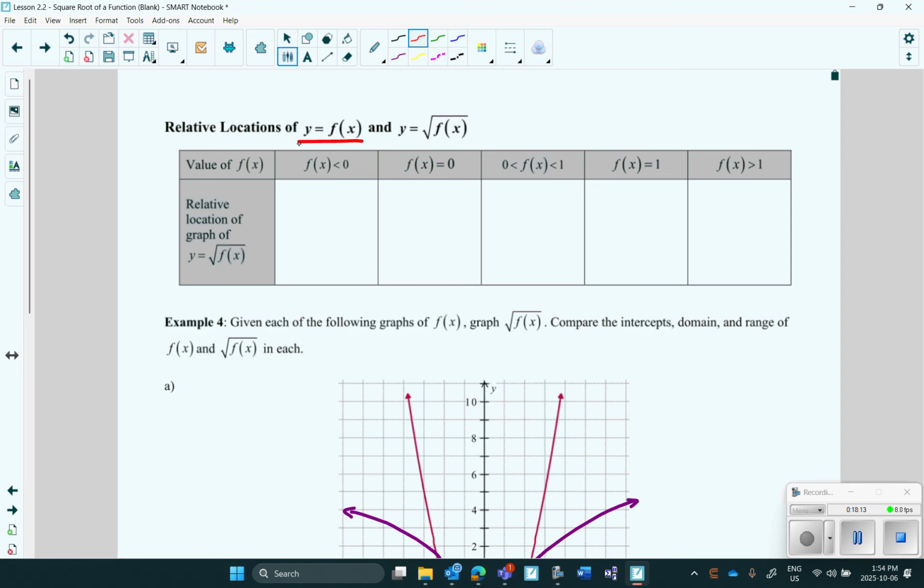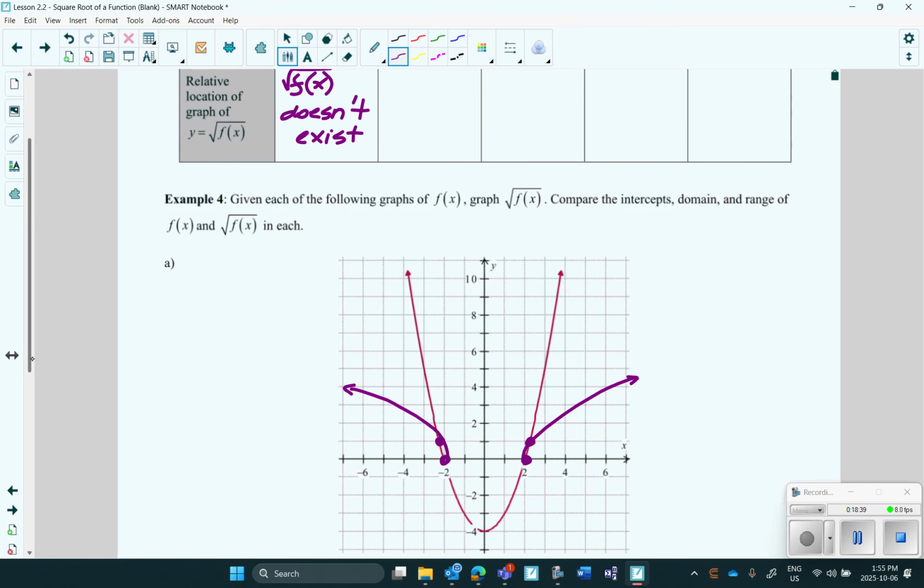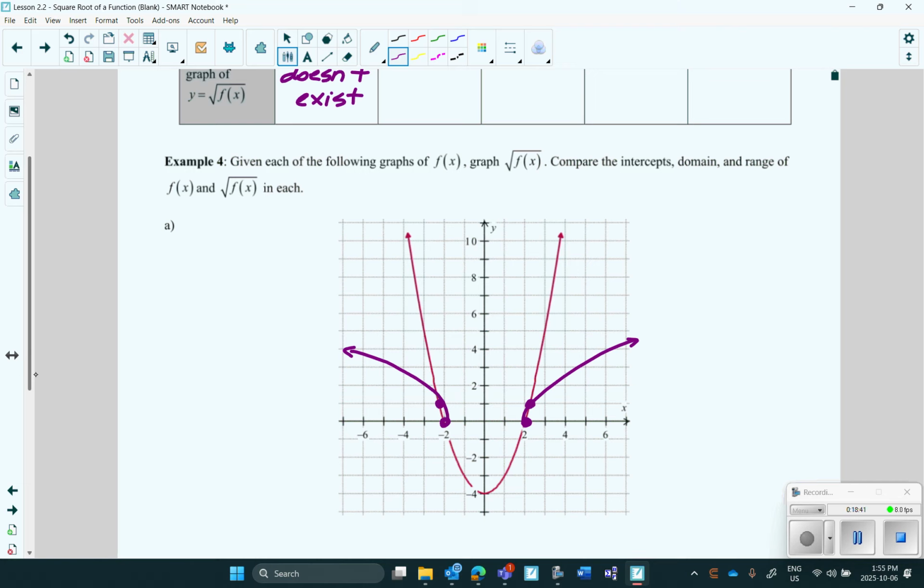The square root function, if y is less than 0 or negative, doesn't exist. Because we can't take the square root of a negative number. Right? So like in this one, all these y values were negative, right? They don't exist on the square root one because I can't take the square root of them.